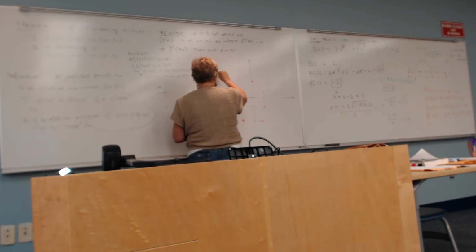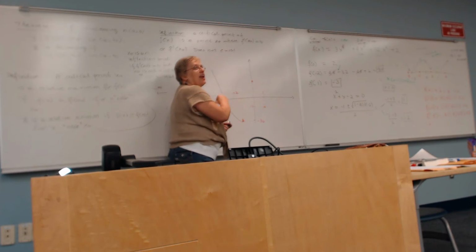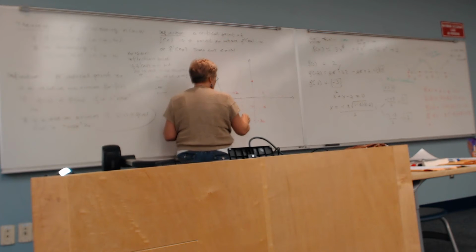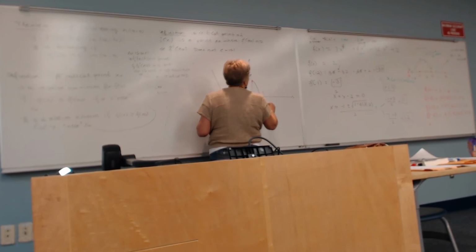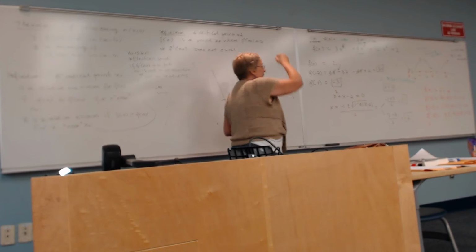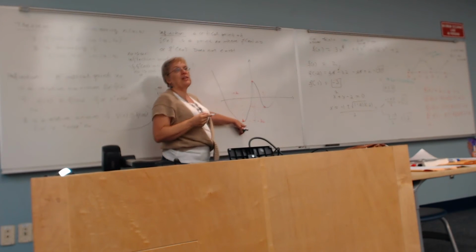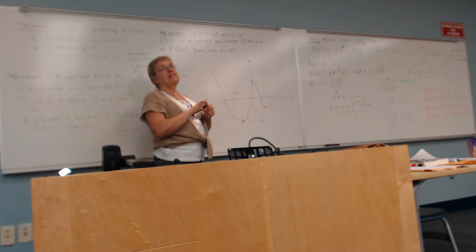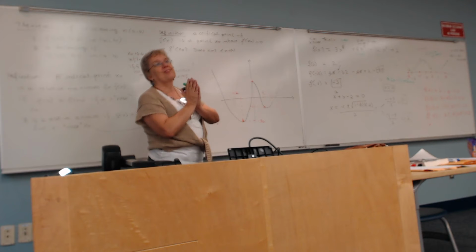I start from plus infinity, I get to the first critical point, I go up, and I get to the second critical point. I go down, and then go up again. Beautiful. And this is not only a relative minimum, but it is the lowest point of the function, and so it's an absolute minimum. Okay?